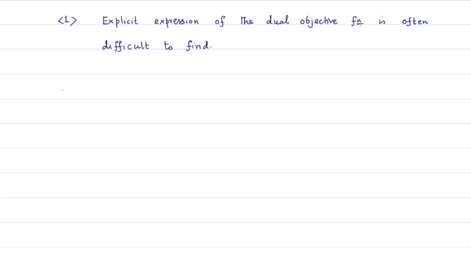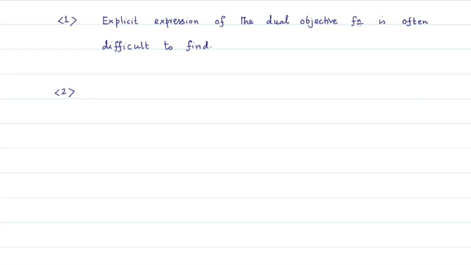So let me write out the second issue, that the dual objective function may not be differentiable even if the primal problem is a smooth optimization problem. That means even if the objective function and the constraint functions of the primal problem are continuously differentiable, the objective function in the dual, theta(lambda, mu), might not be differentiable.